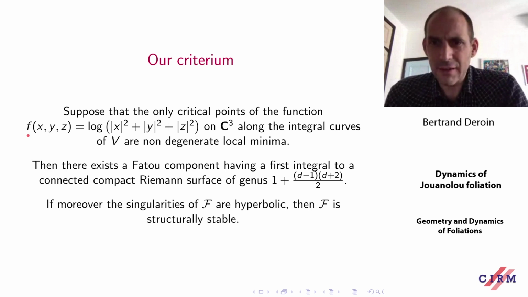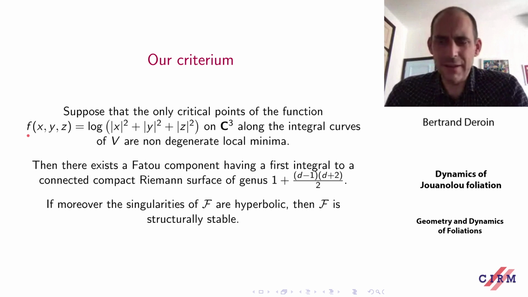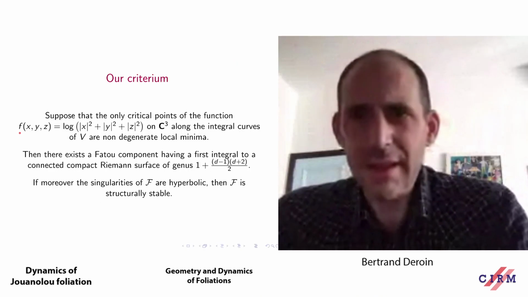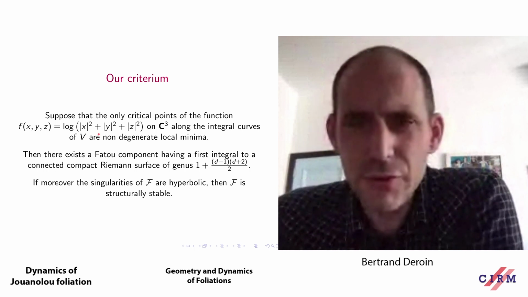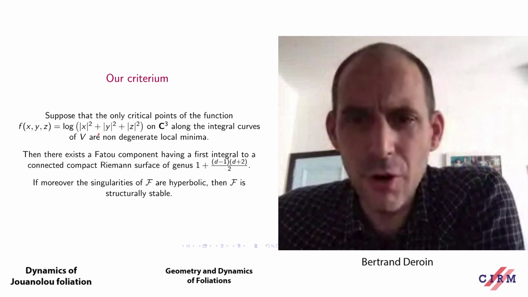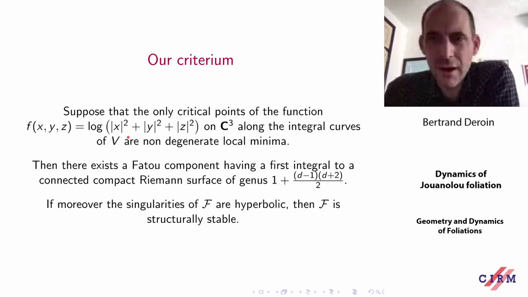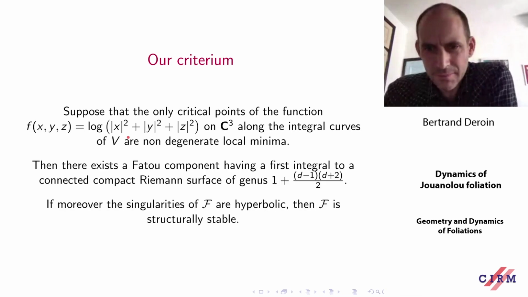So these critical points can only be local minima or saddles. Now assume that you never have saddles: you always have local minima on any integral curve of the homogeneous vector field.